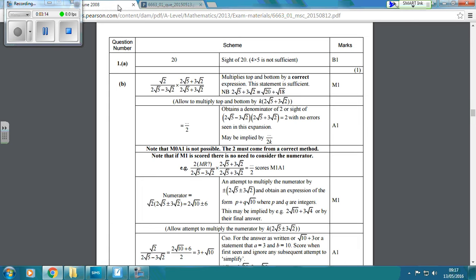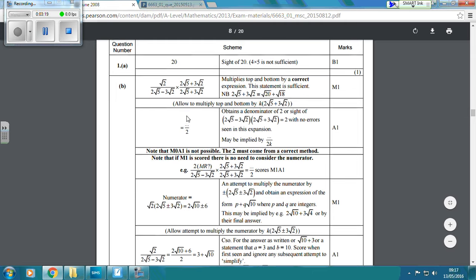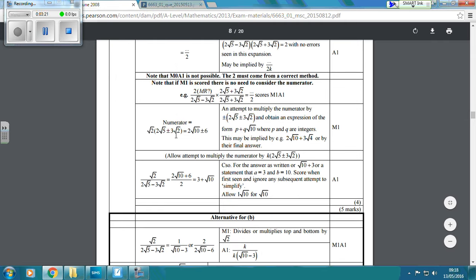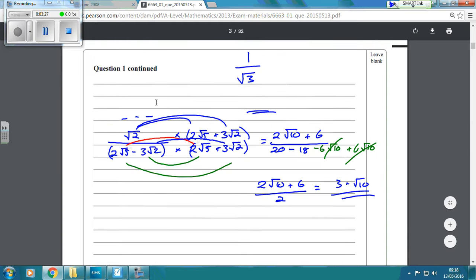Then if we double check our answer, we've got 20 for part A, and part B, 3 plus root 10. Hooray, so we're off and running with 5 marks.